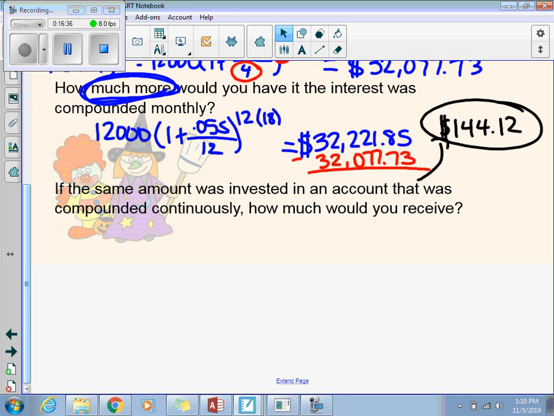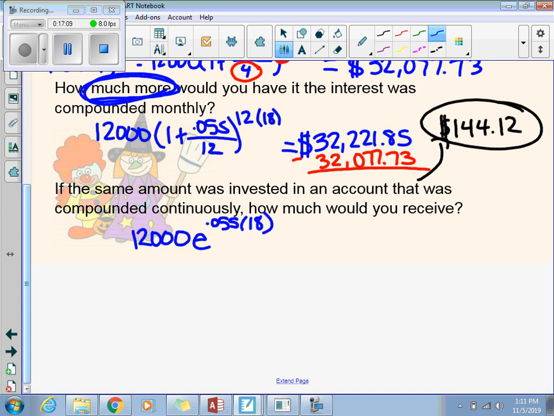And the last question here: if the same amount was invested in an account that was compounded continuously, how much would we have received? So we're changing it. We still started out with our initial value of $12,000, but now we're using e because we're doing compound continuous interest. So e to the rate, and our rate was 0.055, times our time, which is 18, right?